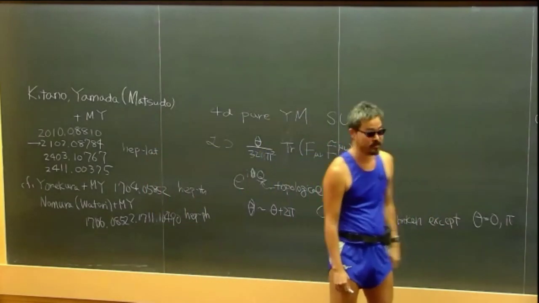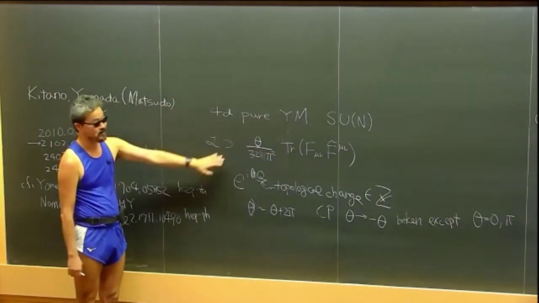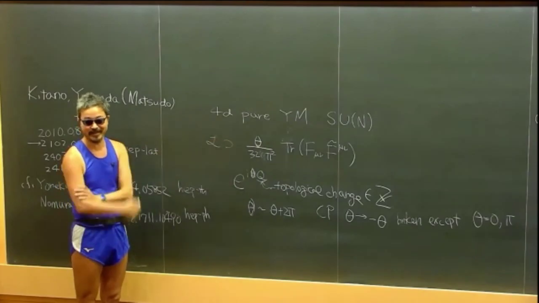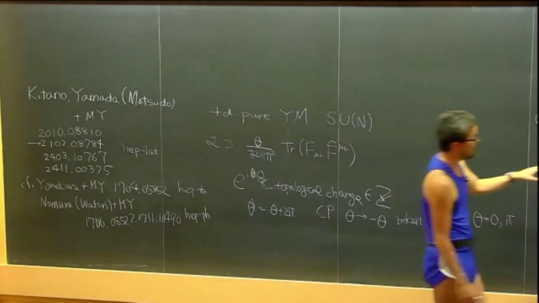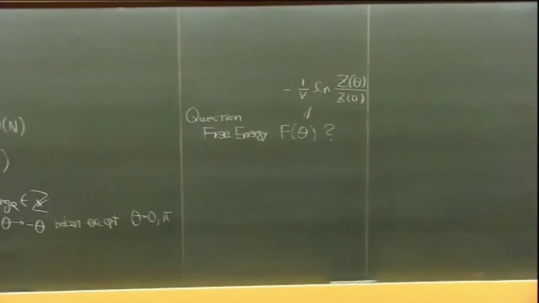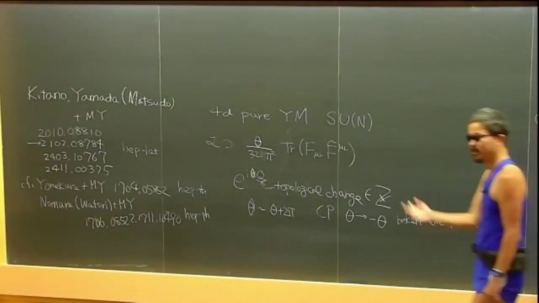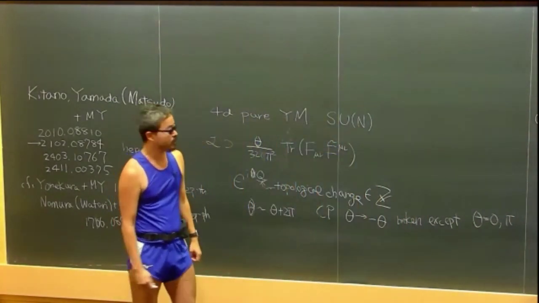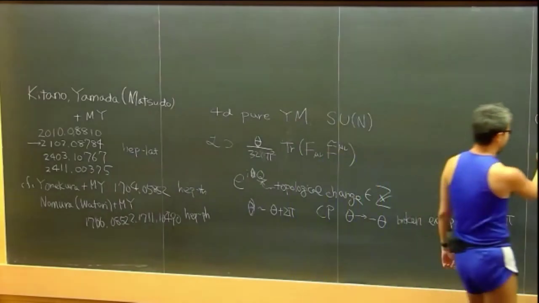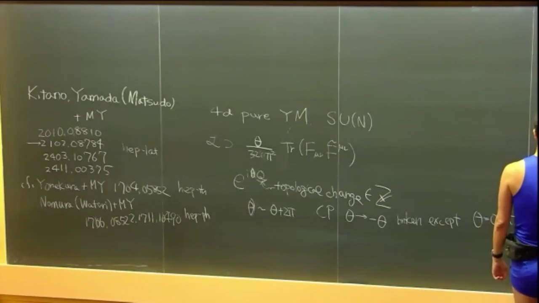I'm sure this was asked literally 50 years ago. It was introduced, in fact, by David and collaborators in 1976. So almost half a century has passed, and the question is still there. What is the functional form? Of course, the function itself contains a lot of information. One particular piece of information relevant here is the fate of CP symmetry.